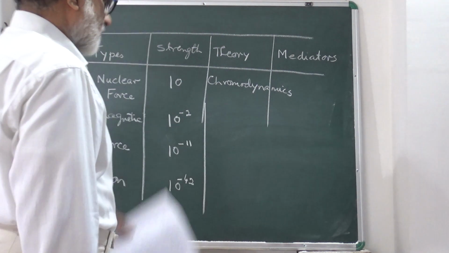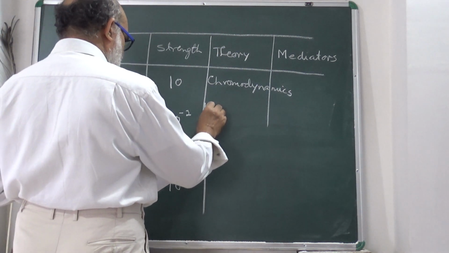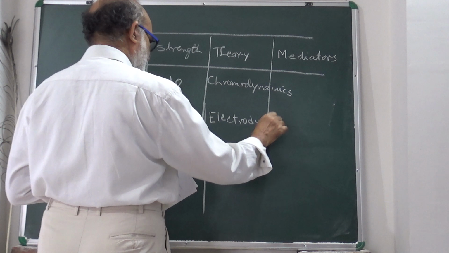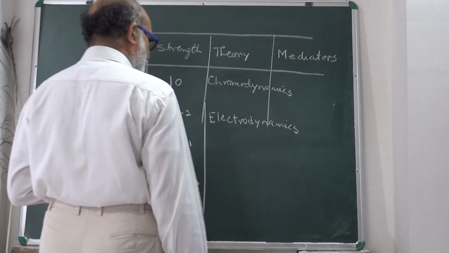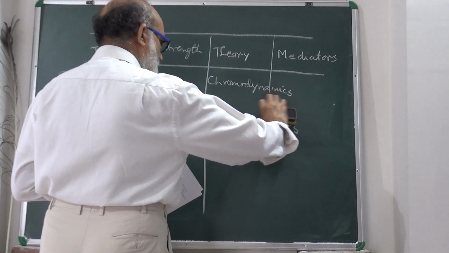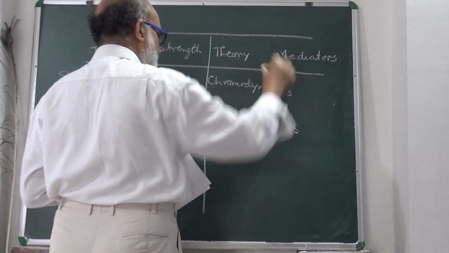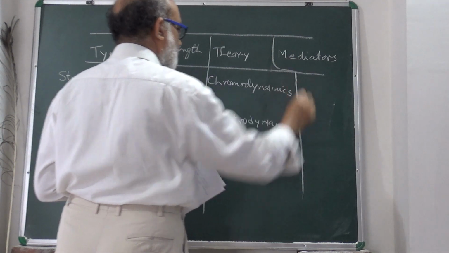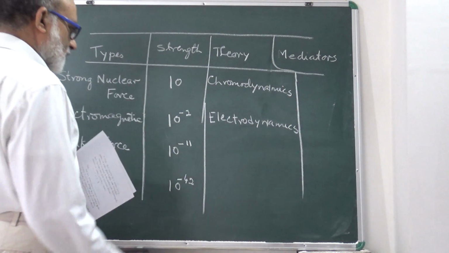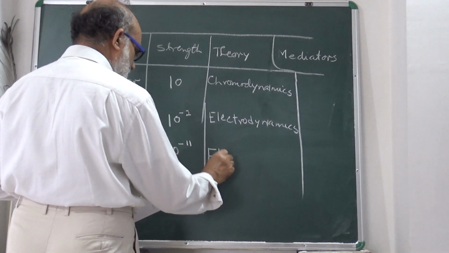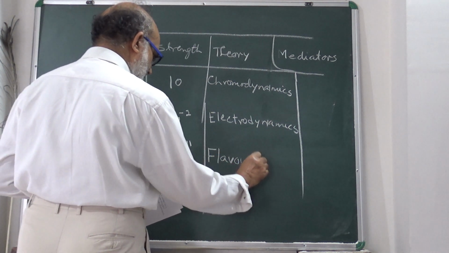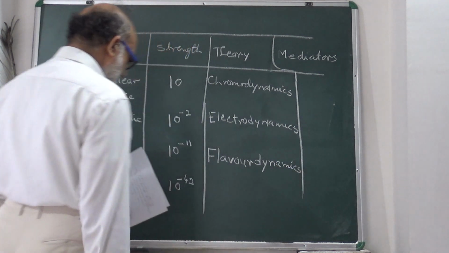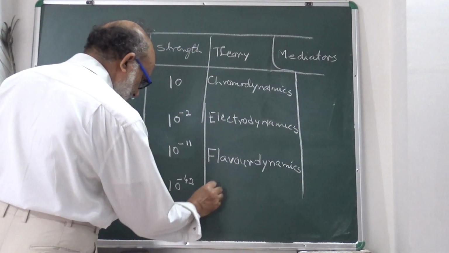This one is called electrodynamics. For the weak nuclear force, the associated theory is called flavor dynamics. And this one is called geometrodynamics.